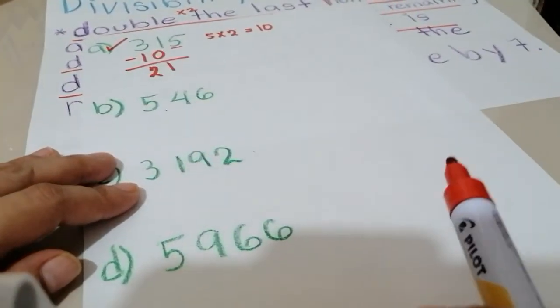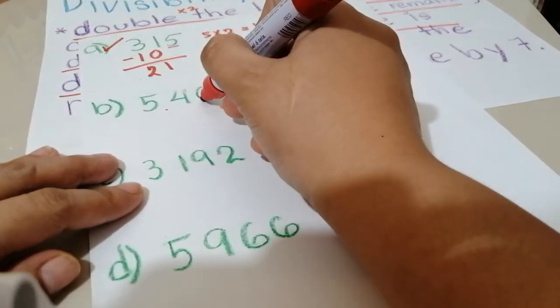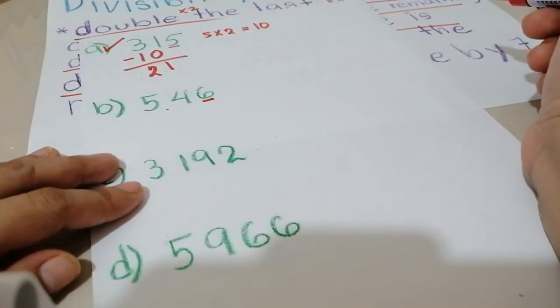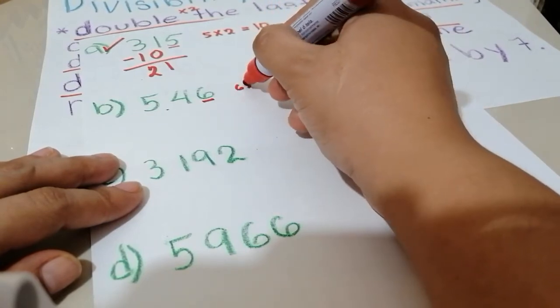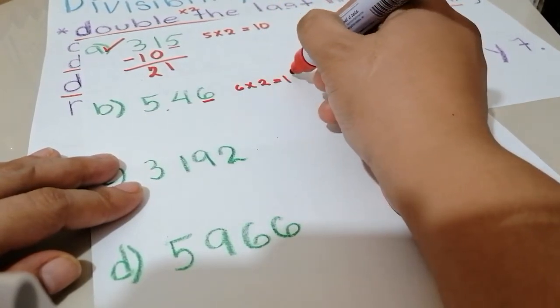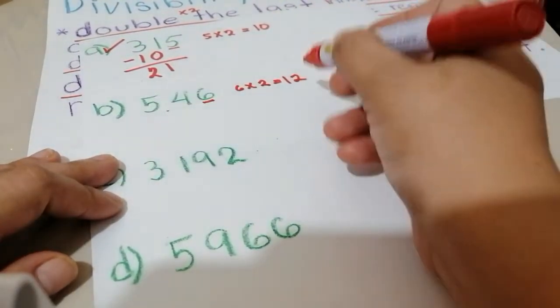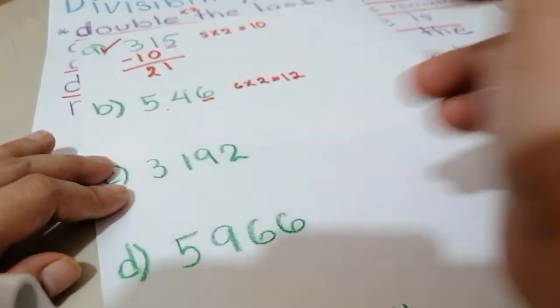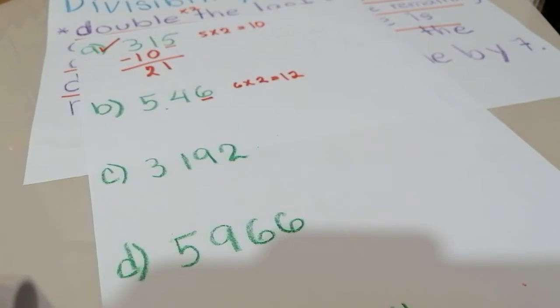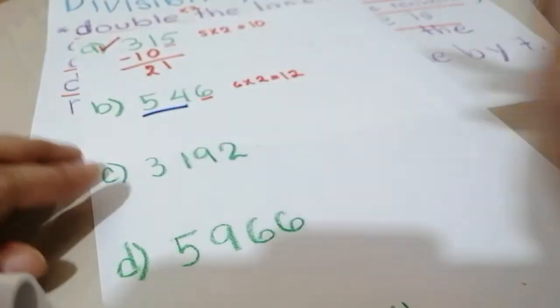Okay, next. Another is 546. So again, ang gagawin lang natin, we always look at the last non-zero digit. Multiply this 6 here times 2, so that will be 12. So yung 12, we are going to subtract it from the remaining number. What's the remaining number? The 54.